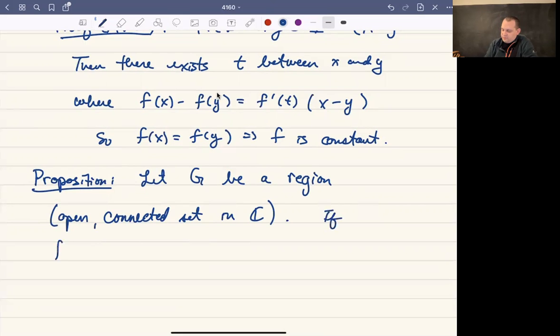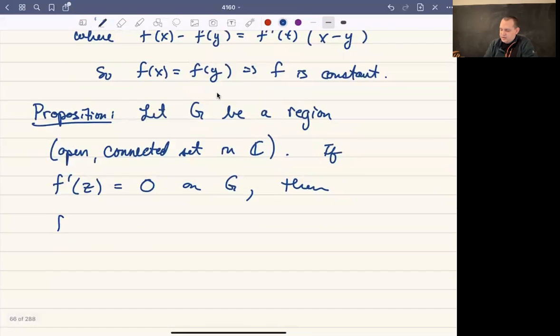If f prime of z is equal to 0 on G, then it turns out that f of z is a constant on G. So this is the analog of the statement that if you have a derivative that's equal to 0, then you know that that function must be a constant on that set G.